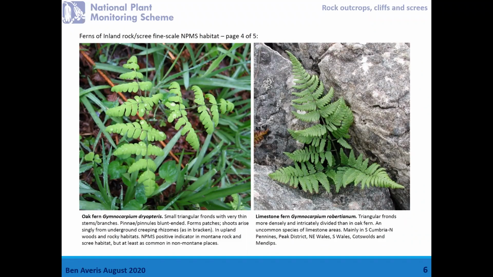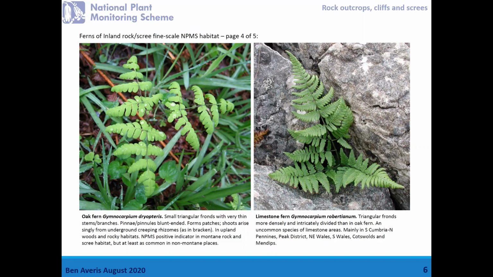It's a slightly softish green color, not as bright green as some of the bigger ferns, and the stems are actually very thin, but they don't look as relatively thin and wiry as they do in the oak fern. Very different looking. Consistently, it's among rocks in limestone areas, quite local, mainly in the southern half of Britain, from South Cumbria and the Pennines southwards.